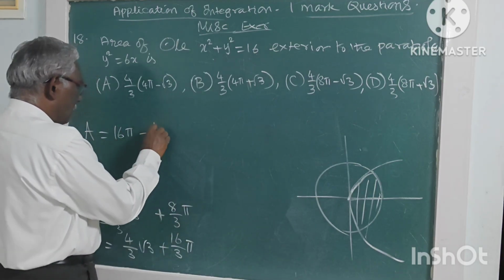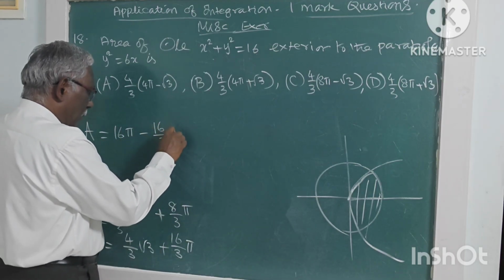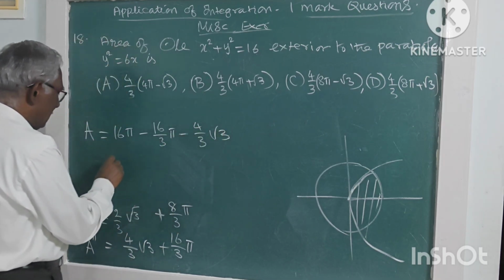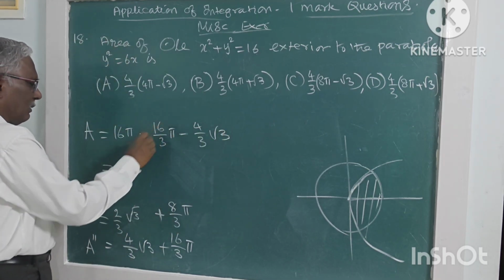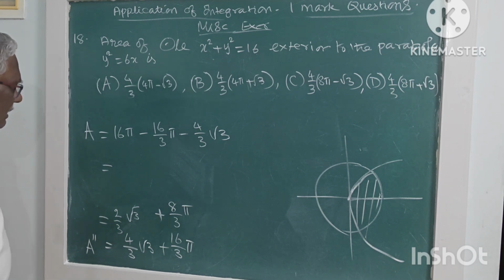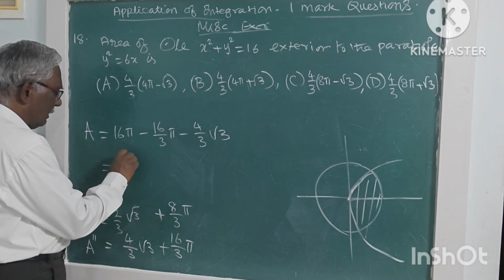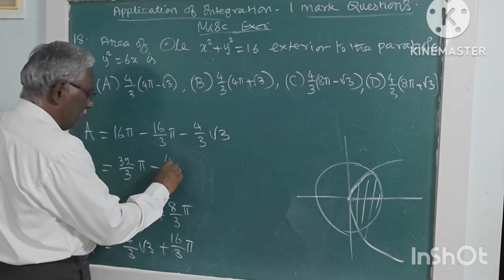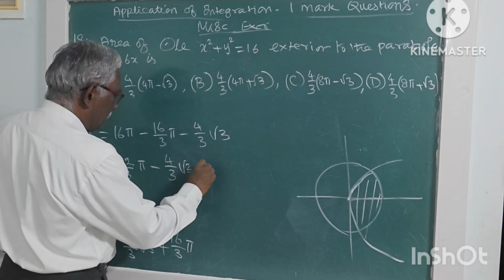Minus 16 by 3 pi minus 4 by 3 root 3. So 48 minus 16, 32 by 3 pi minus 4 by 3 root 3.